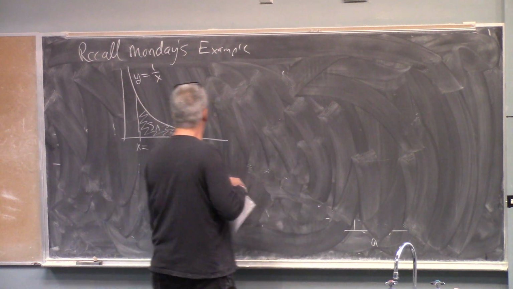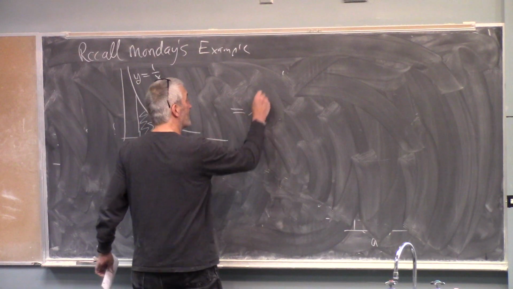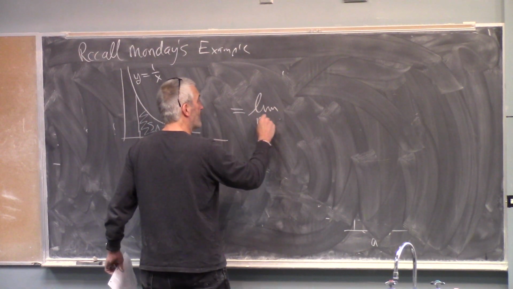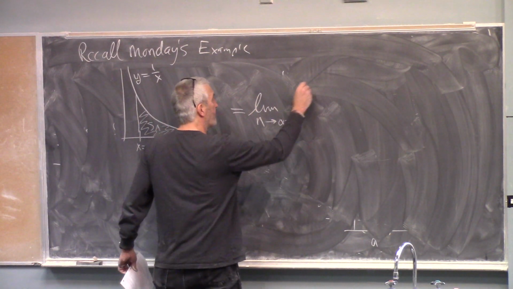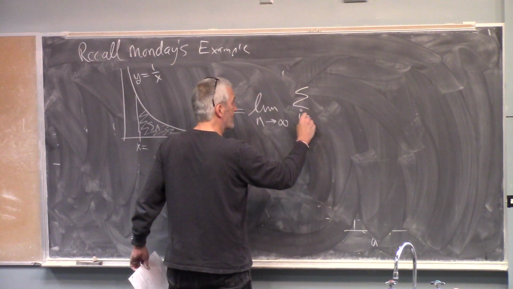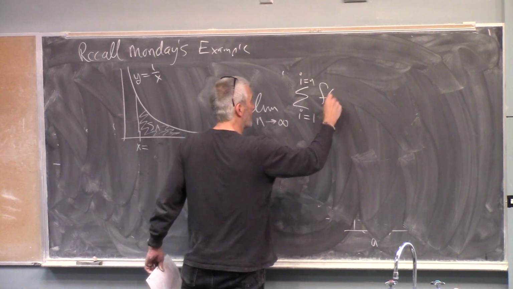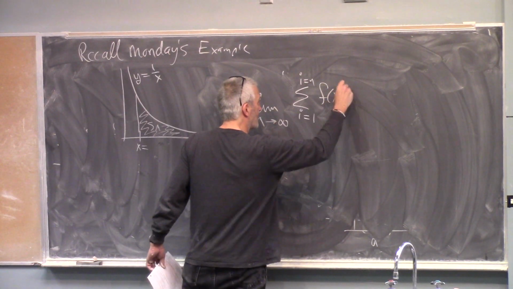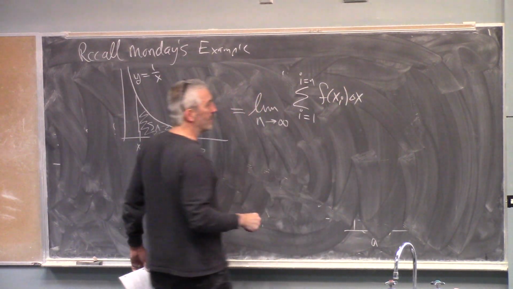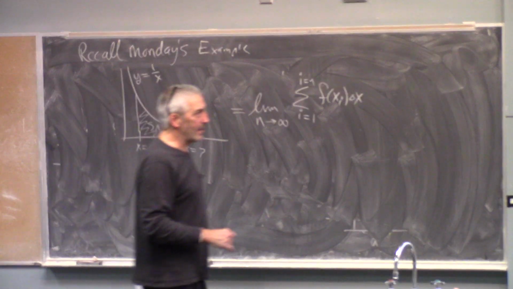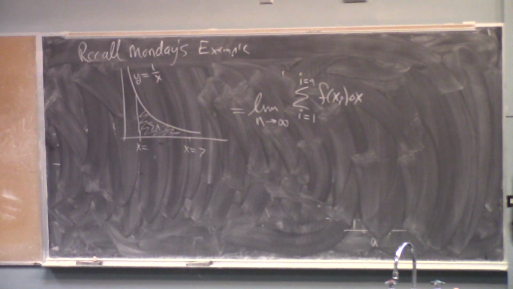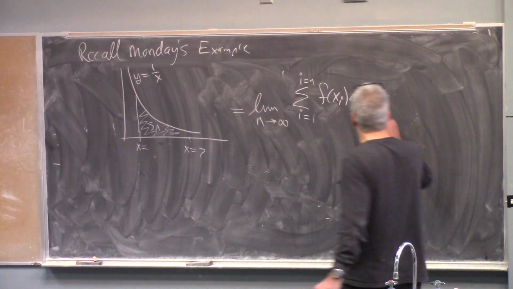The symbol for this thing is the limit as n goes to infinity of the summation as i goes from 1 to n of f of x_i delta x. We didn't use that notation on Monday, but we were thinking about sums that look like that.